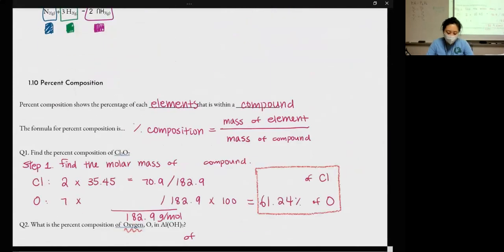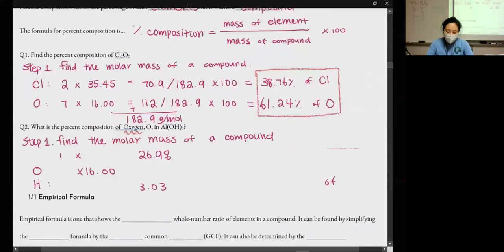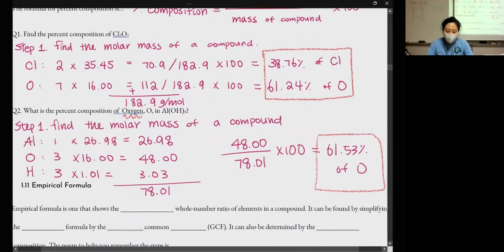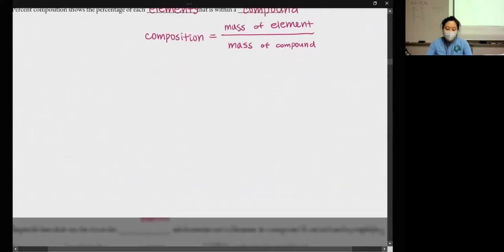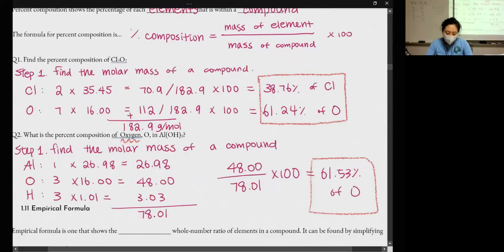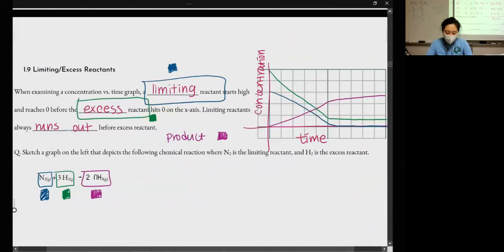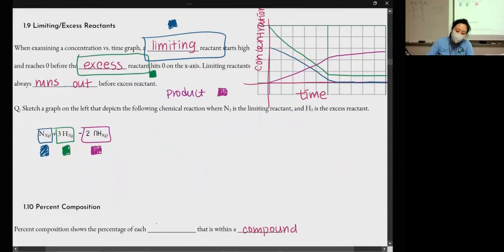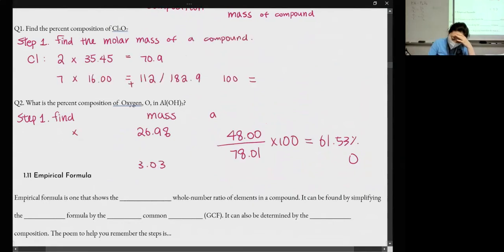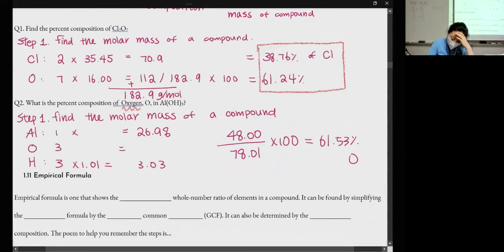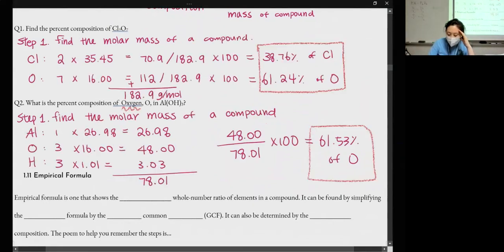What I did. So in order for us to find just the percent composition of oxygen, what I did was I found the molar mass, which was 78.01.